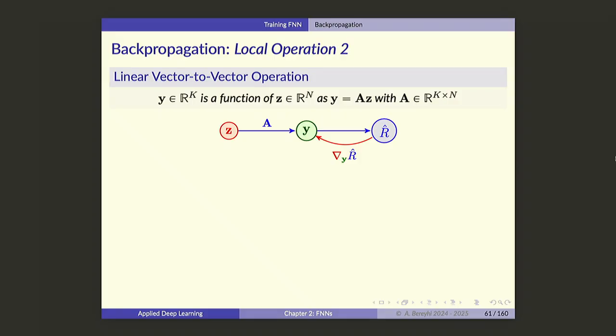Right now I want to repeat whatever we did before, but with one difference. First of all, you tell me: if you compute this gradient of r hat with respect to z, what should be the dimension? z now is n-dimensional.